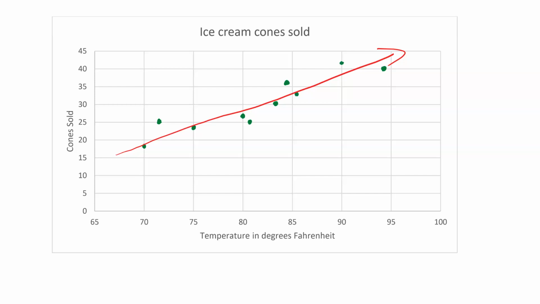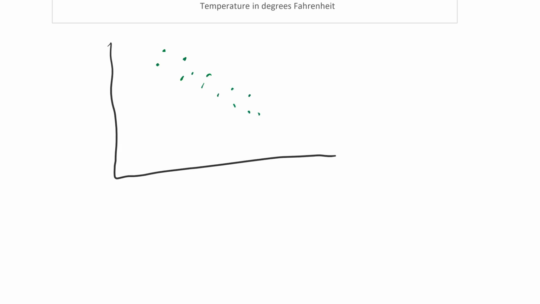Right? Now, that's not the only thing that can happen though. So if, for example, we end up with a scatter plot that looks something like this, where everything is starting to decrease, then that would mean as this x-axis goes up, whatever variable's on the y-axis is actually decreasing.